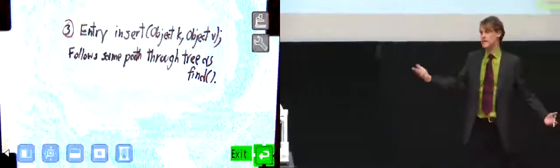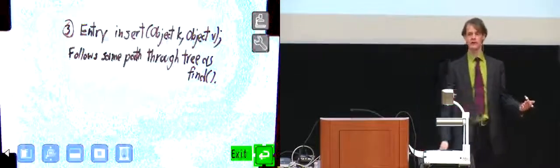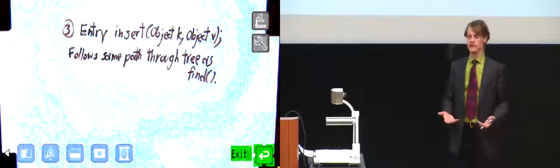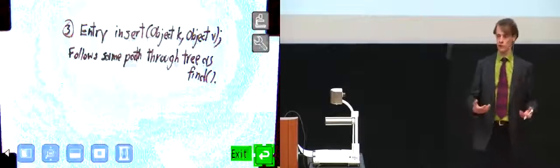And this makes sense, because the reason why find works is because it follows the same path that insert follows. So we're going to walk down the tree as if we were doing a find operation, but we're not trying to find this key. We're trying to find a null pointer where we can insert that key.